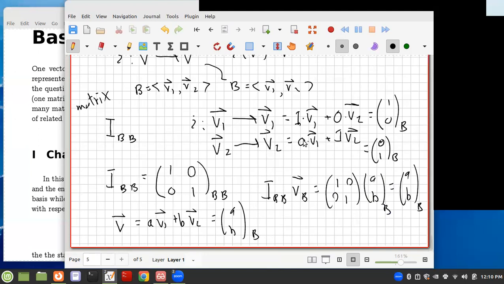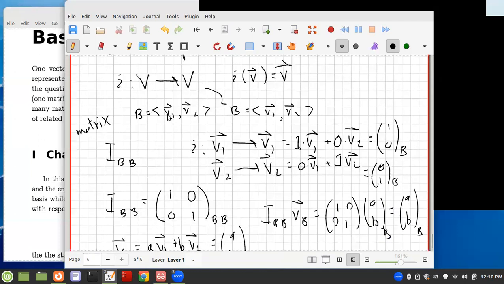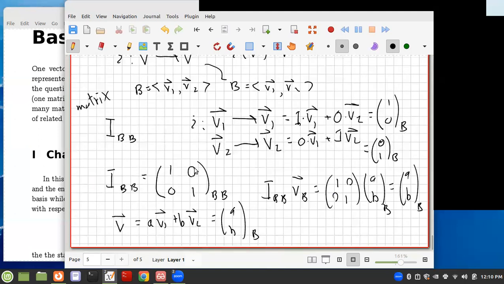It doesn't matter what V1 is. Although this may seem trivial or like sleight of hand, the point is these don't have to be standard basis vectors. The identity map from one basis to the same basis is always this identity matrix.